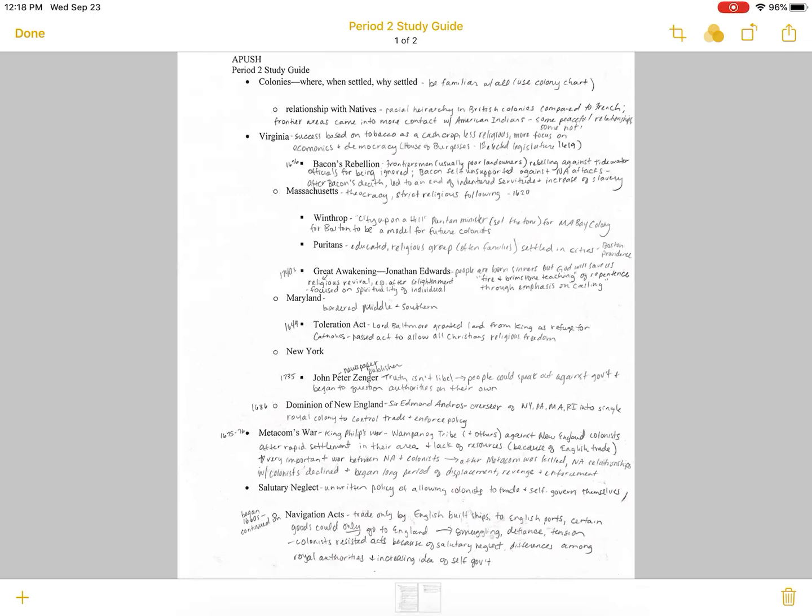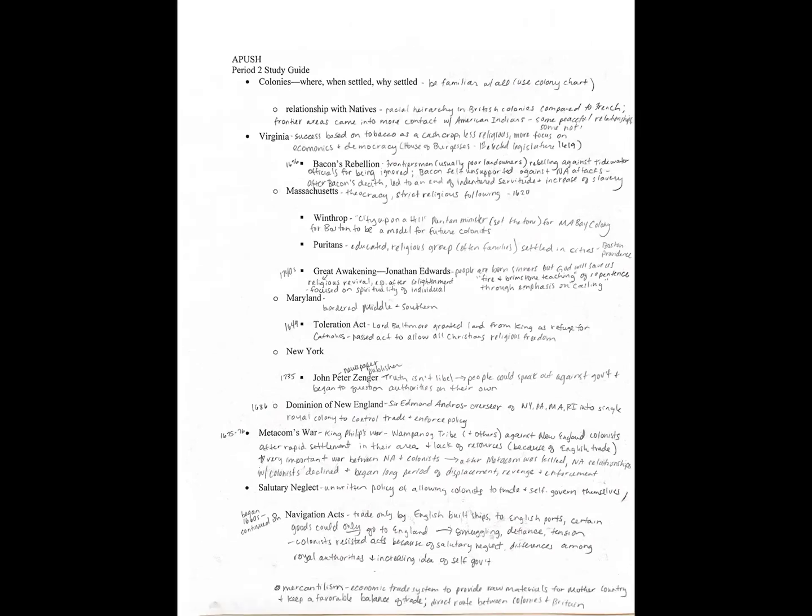And so this leads to things like smuggling and defiance and a lot of tension between, once again, royal authorities and colonial self-governments. The colonists resisted these acts because of salutary neglect, the differences among the royal authorities, and an increasing idea of self-government.